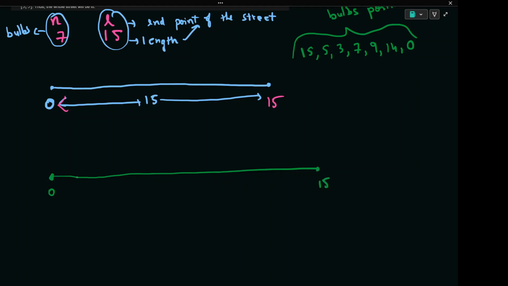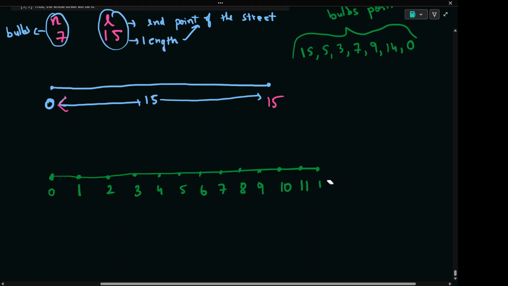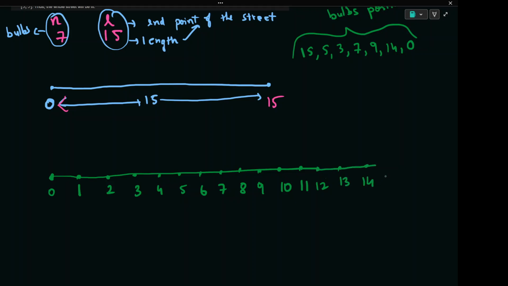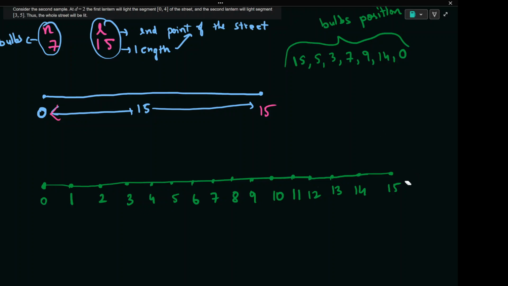And in the coordinate system, this will be 1, this will be 2, this will be 3, this will be 4, this will be 5, 6, 7, 8, 9, 10, 11, 12, 13, 14, and 15. Cool. This is the coordinate system, right? This is how our x axis works, right?